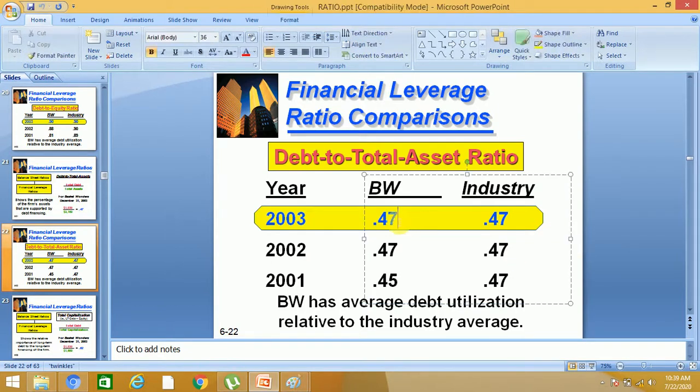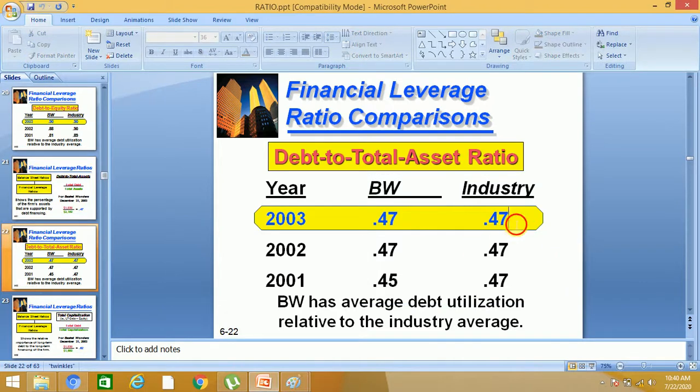Okay, our percentage of loan and the industry percentage is the same. So here Basket Wonders has average debt utilization relative to the industry average. It means whatever the average loan of the industry is, our company is also taking that percentage of loan.